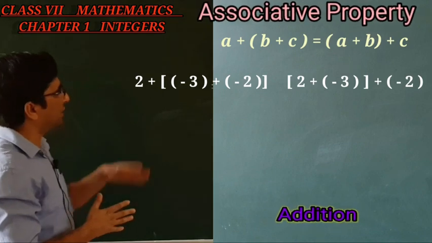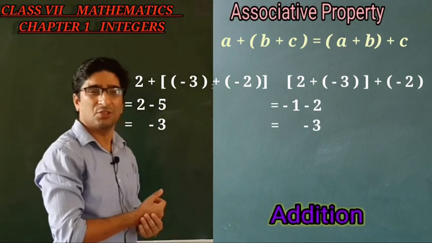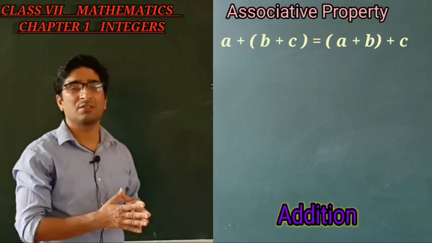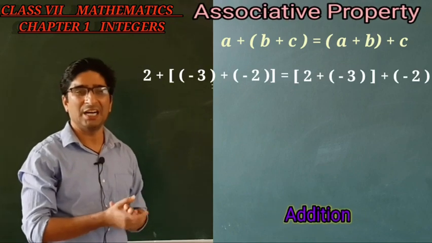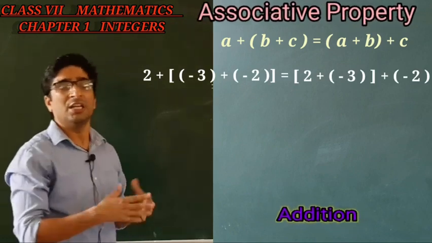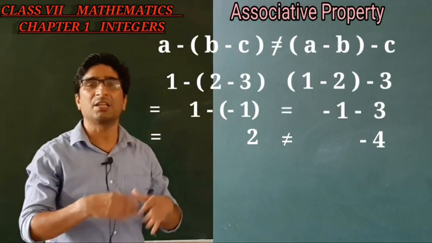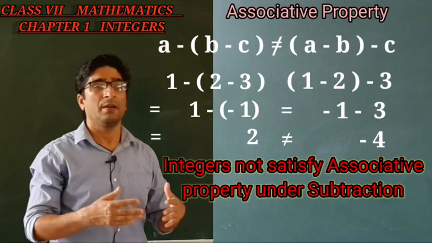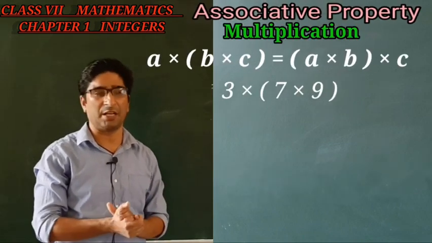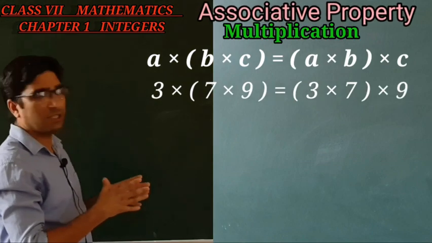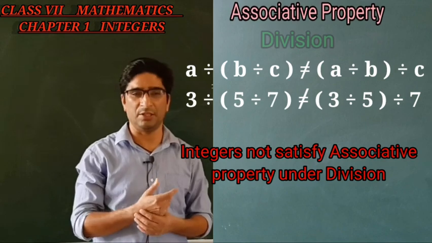The result comes minus 3, and that result also comes minus 3. That means the integers satisfy associative property under addition, but integers will not satisfy the associative property in subtraction. Integers satisfy the associative property in multiplication, but will not satisfy the associative property under division.